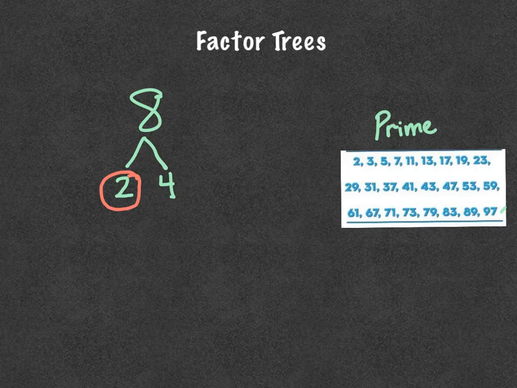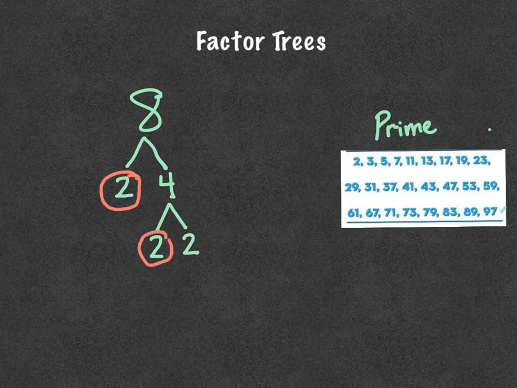Now 4 is not a prime number. If we look at our list over here, 4 is not a prime number. So I'm going to split 4 out into its smaller pieces. So I know 4 is 2 times 2, and from there, we know that 2 is a prime number. So that is the factor tree for 8.